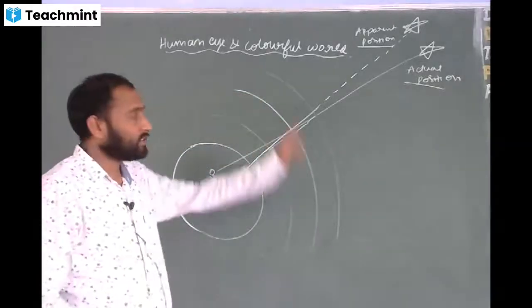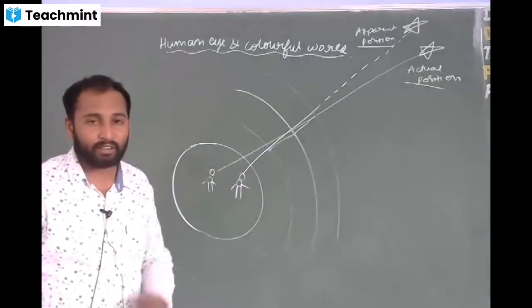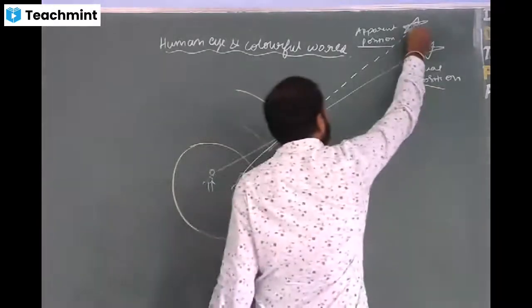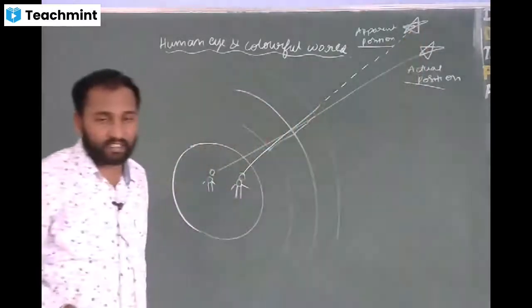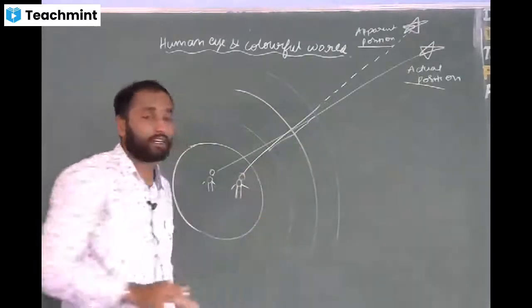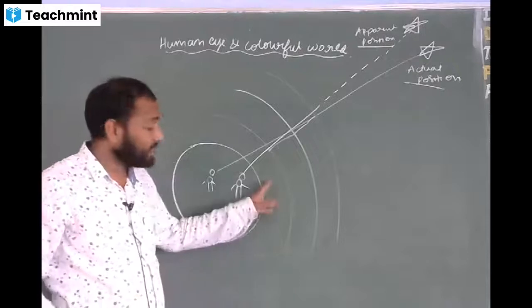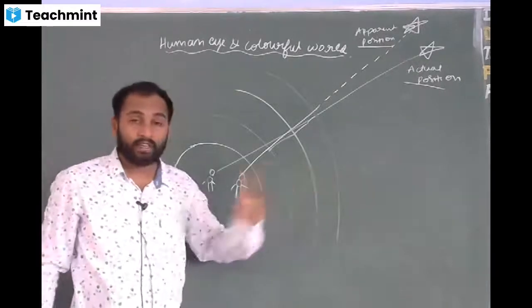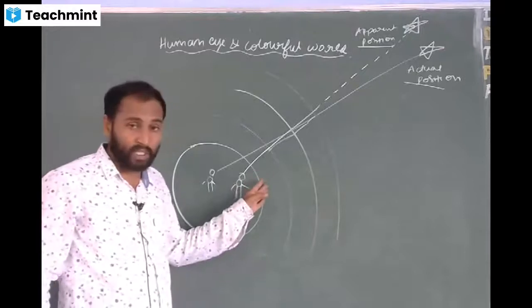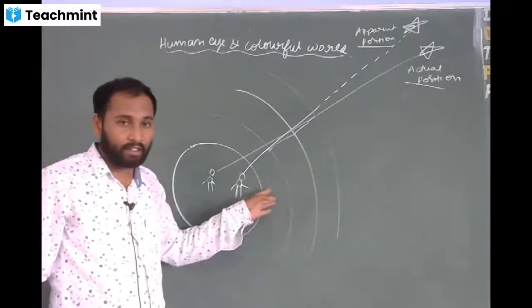Sir, is this apparent position of the star stationary? No, this apparent position of the star is also not stationary. Why is it not stationary? Because the physical condition of the earth's atmosphere keeps on varying.